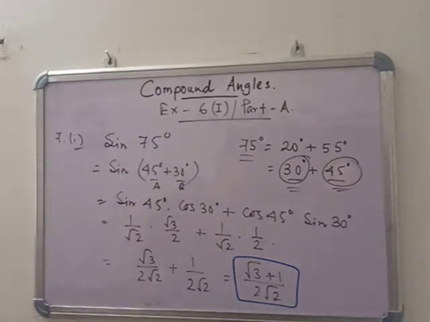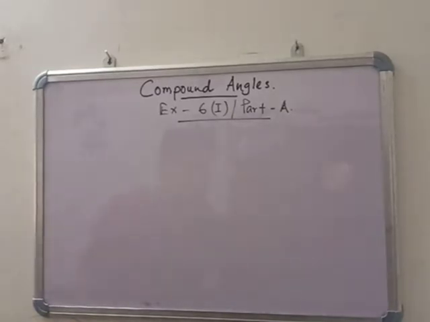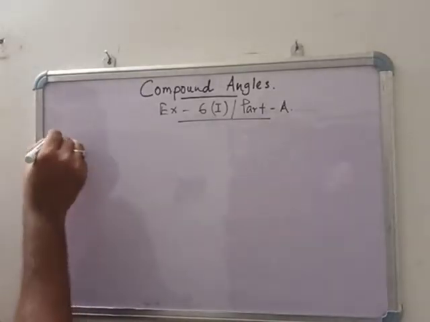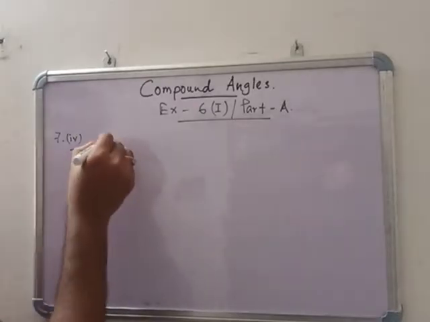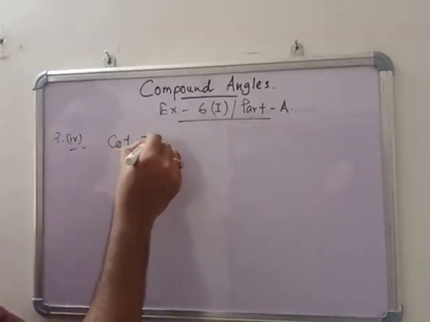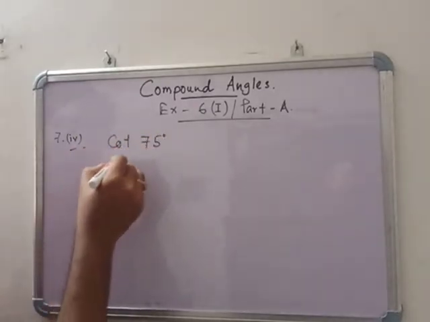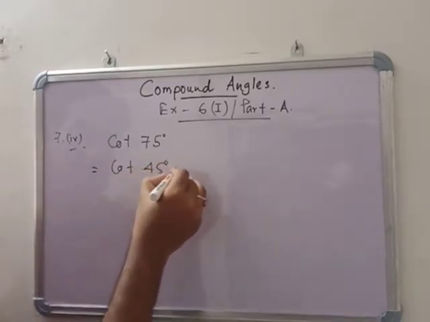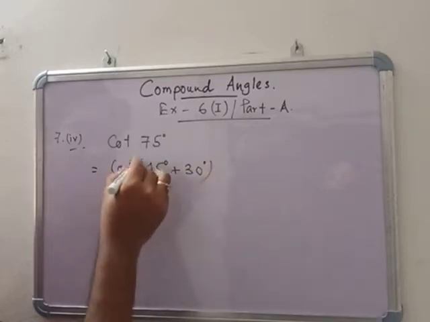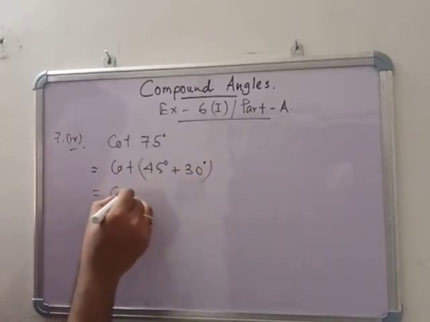Now, next one, 7.4. See that cot 75 degree. Similarly, cot 75 means cot of 45 plus 30 degree.